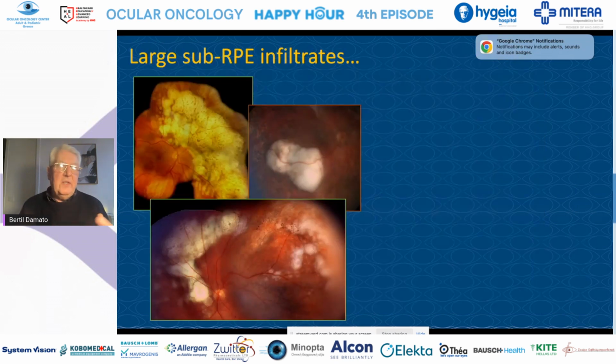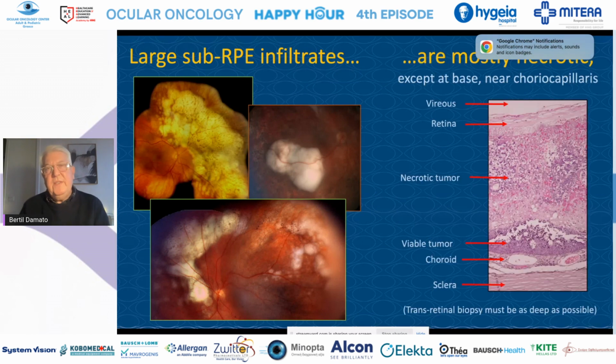You can get very large subretinal infiltrates with a totally clear vitreous, and in these patients, most of these deposits consist of necrotic tissue, except near the choriocapillaris, where you can still have some viable cells.